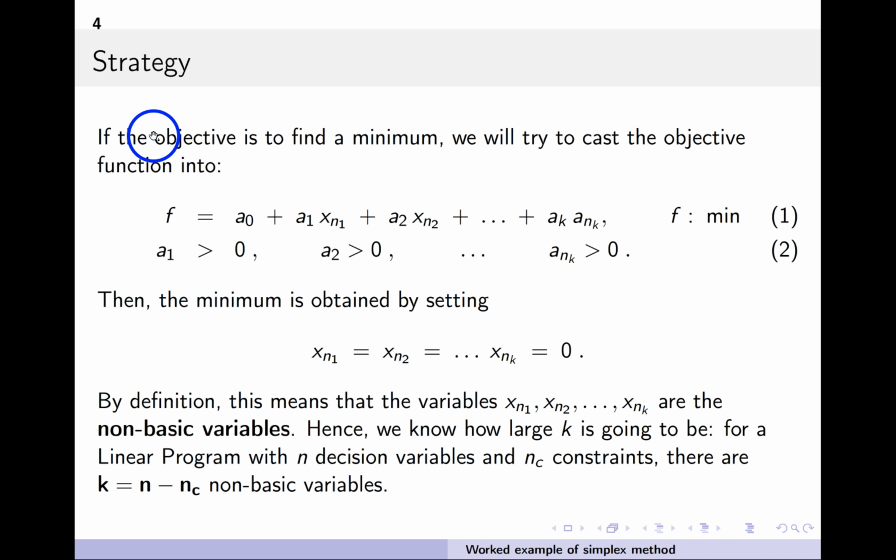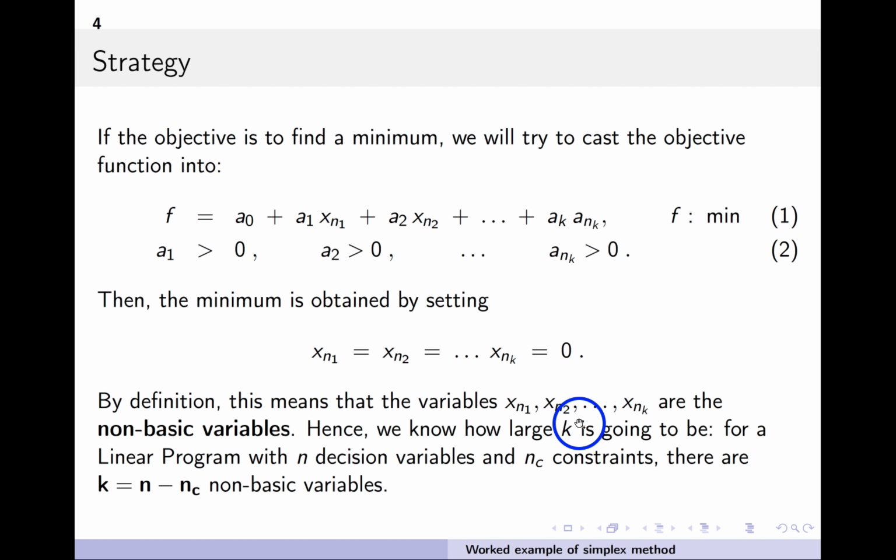Just saying again, the strategy: if the objective is to find a minimum, we try to use the equations we have to cast the objective function into the form f equals a0 plus a1, a2, up to ak, all positive, times these decision variables. Then the minimum value is set by putting xn1, xn2, up to xnk equal to 0. In the jargon of linear programming, this means the variables xn1 through xnk are non-basic variables, because they're all set equal to 0.